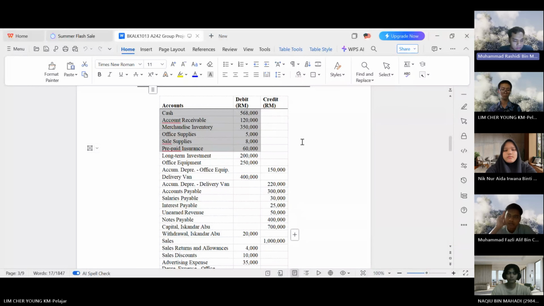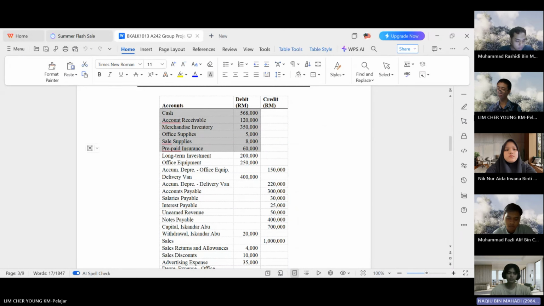Inventory is recorded at 350,000, office supplies 5,000, sales supplies 80,000, and lastly prepaid insurance 60,000.